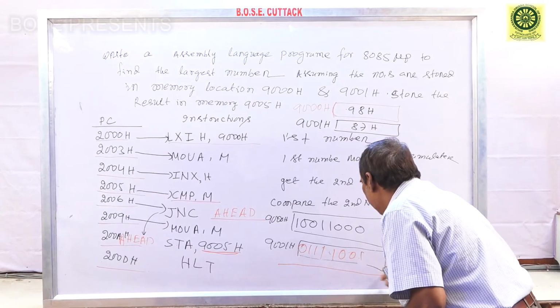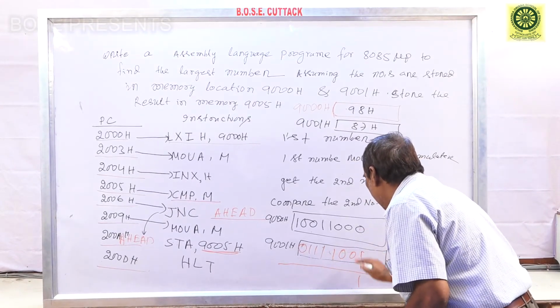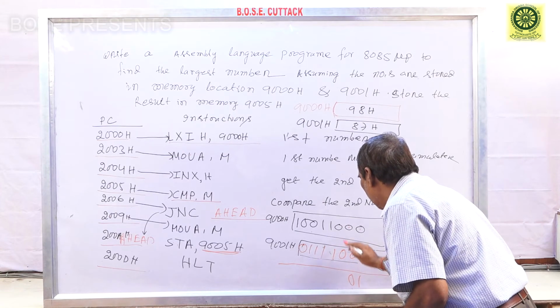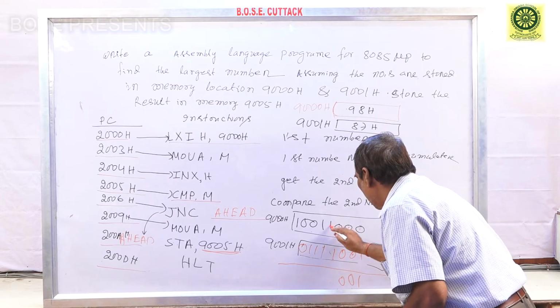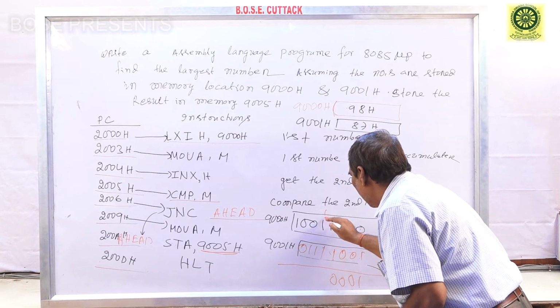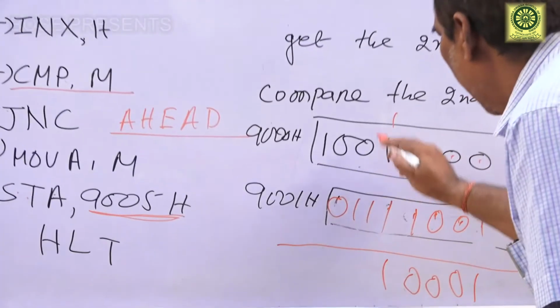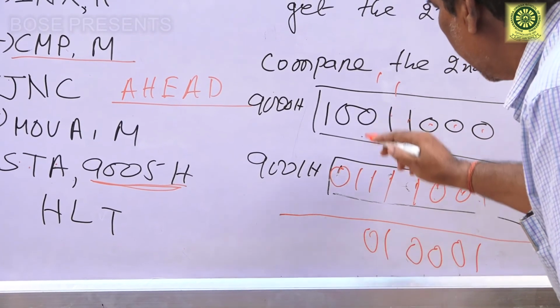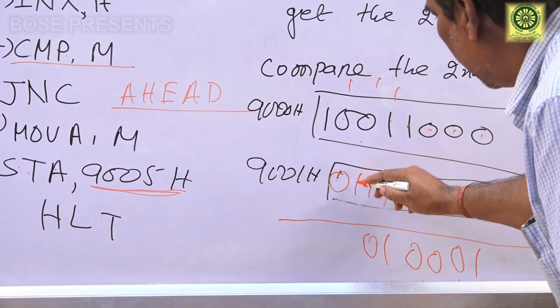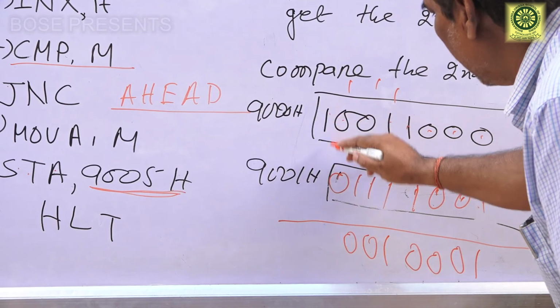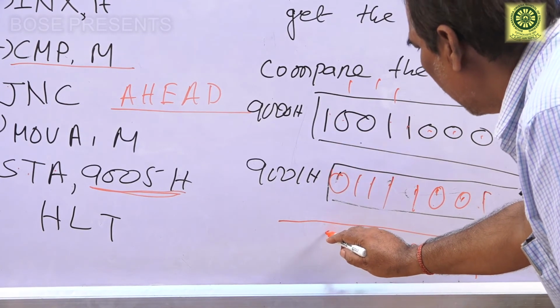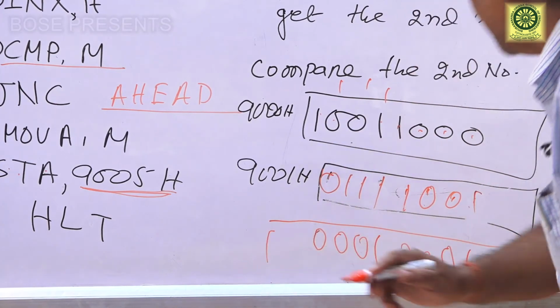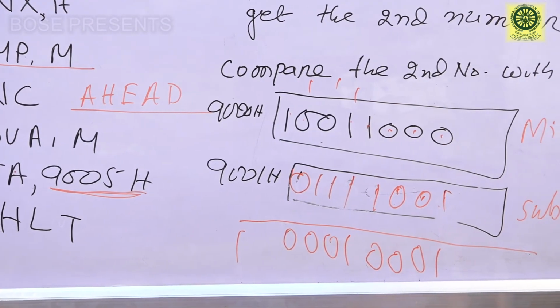Now if you add this number, you see 0 plus 1 is 1, 0 plus 0 is 0, 0 plus 0 is 0, and so on, with carry 1 propagating through each step. And here you see there is a carry.